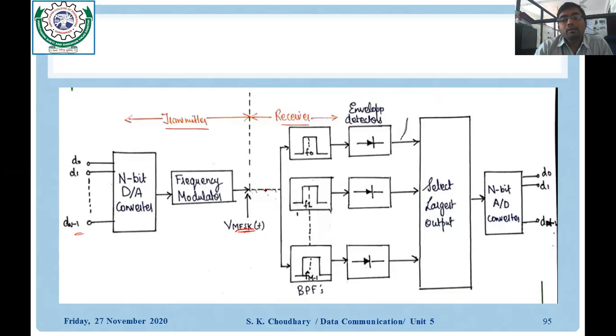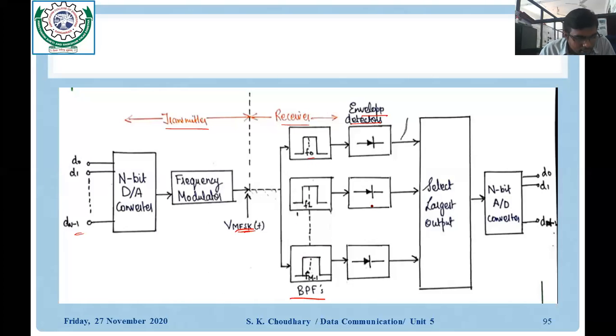Each band pass filter is followed by an envelope detector, and the band pass filters have center frequencies f0, f1 up to fM-1, as mentioned in the diagram.